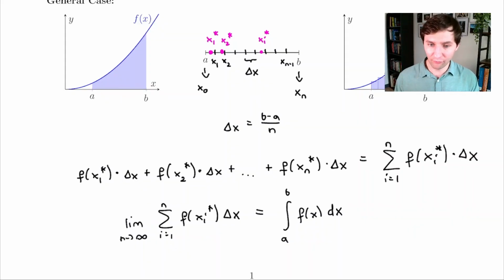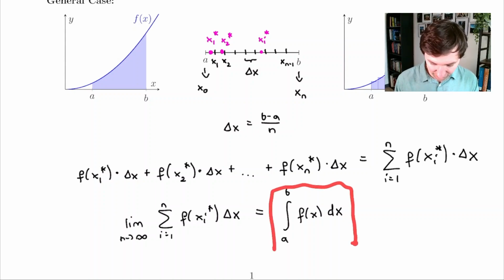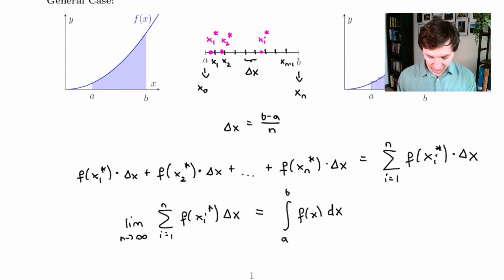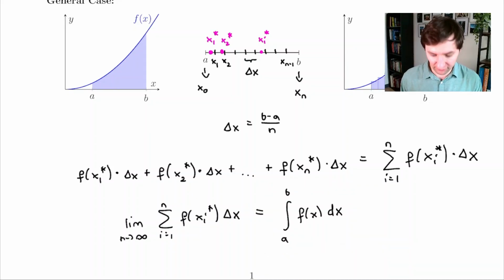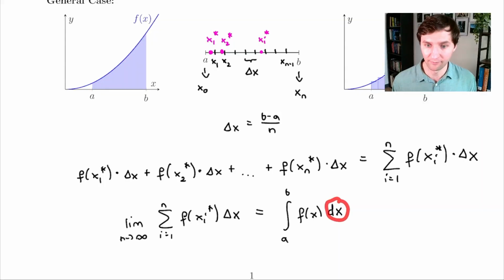I have one more remark about definite integrals. The notation of a definite integral reminds you what the definite integral represents. Remember, delta x represented the length of one subinterval. As you get more and more rectangles, these subintervals get smaller and smaller. Mathematicians often denote very small delta x by dx.